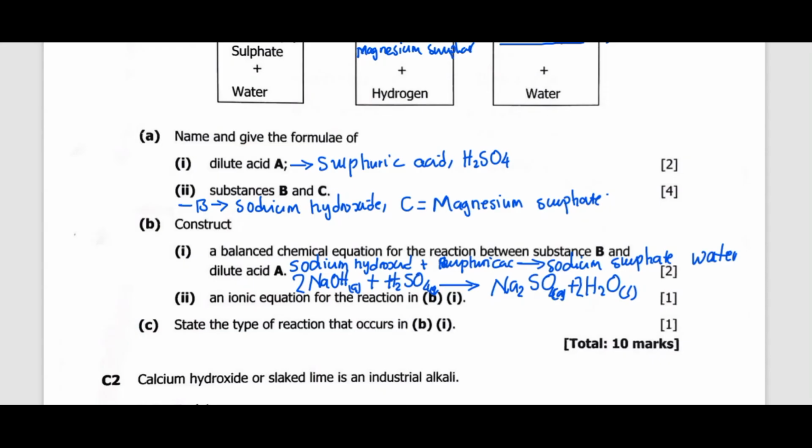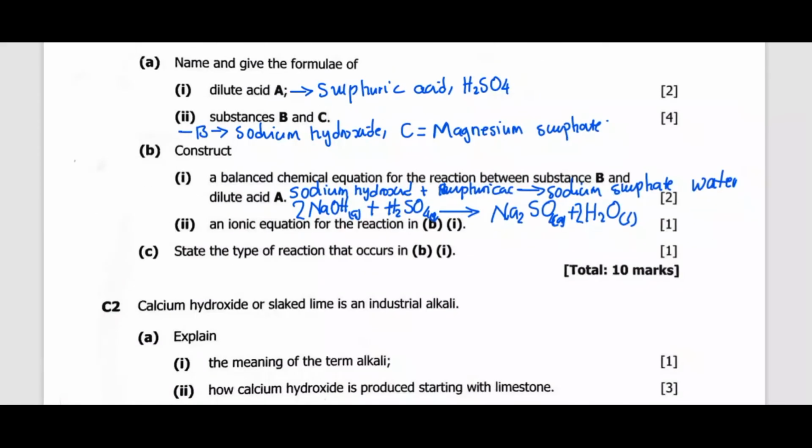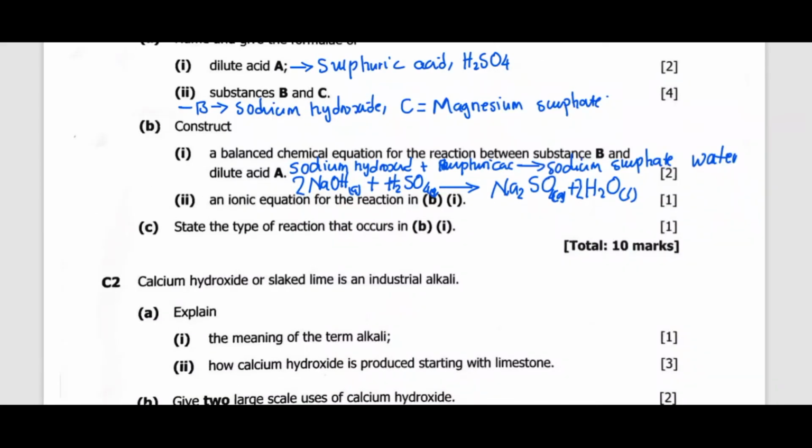Then for question Roman number 2, ionic equation for the reaction. So let me see if I have some spaces where I can write this. Okay, so I will write it here. So ionic equation, we are going to break sodium hydroxide into ions, so it is Na plus aqueous with the 2, then hydroxide is OH minus aqueous, a 2, so that I want to have it in a balanced form.